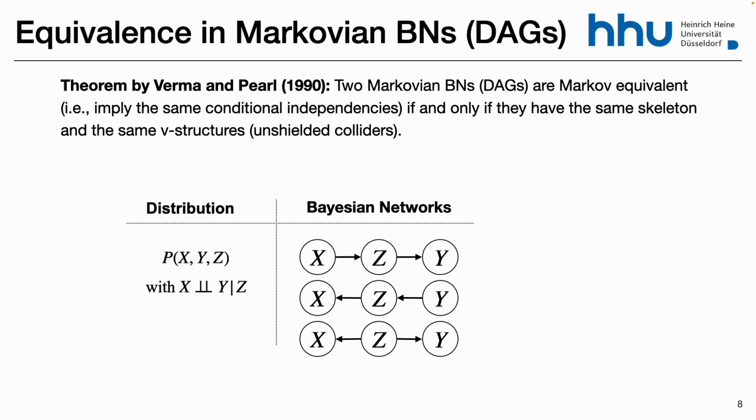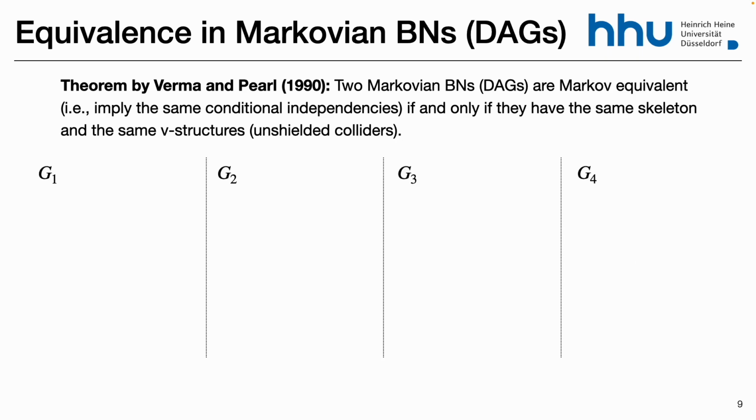None of these have a collider in the middle, so none of them have a V structure. They all have the same set of V structures, which is the empty set. So same skeleton, no unshielded collider, so they are all part of the equivalence class.